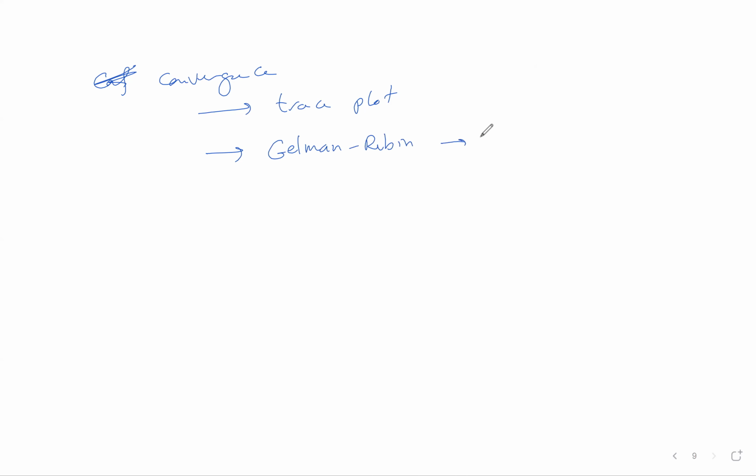If this one is close to 1, it means convergence happened, like 1.01, 1.05, or 1.1, or 1.2 is something, but it's not 1.5 or 2 or so. Or you can look at the standard error. The standard error should be less than the standard deviation divided by 20.